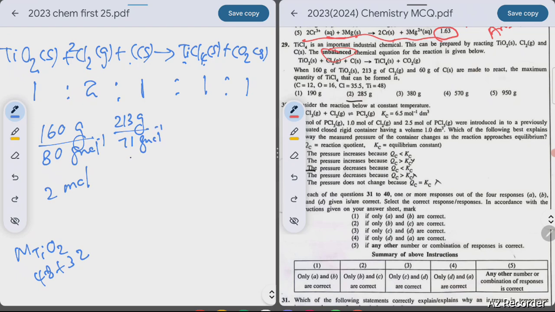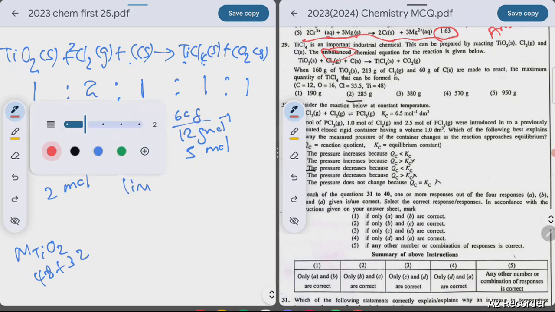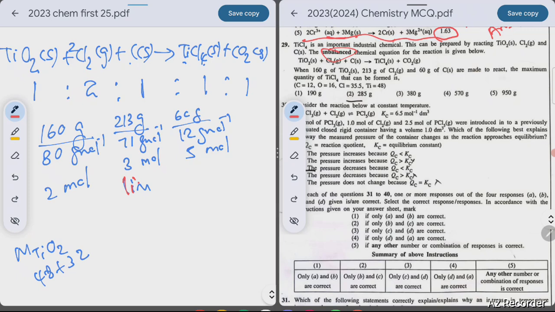It gives 3 moles. And carbon, 60 grams divided by 12 grams per mole, gives 5 moles of carbon. Right. Now what we have to do is find the limiting reactant here.